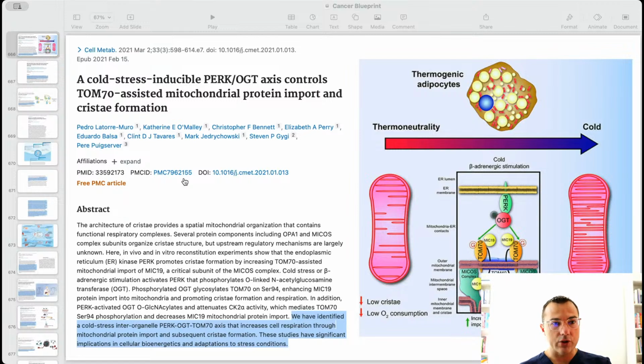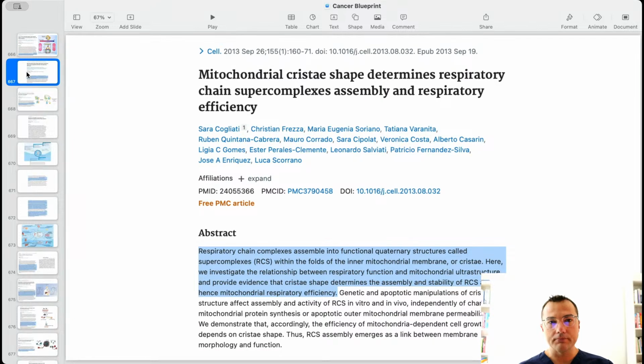I think it deserves a refresher, given that the first slide we're talking about, cold, is about mitochondrial cristae formation.